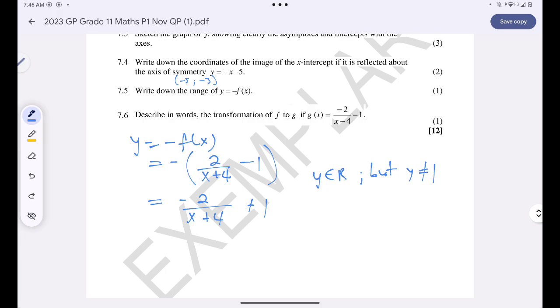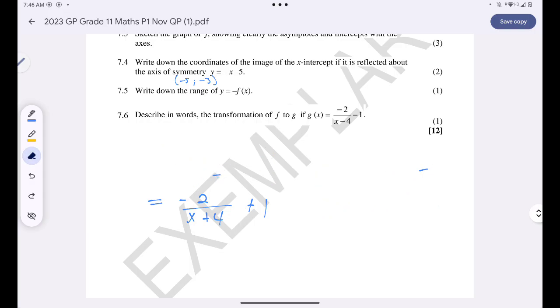Or the other way you can write your range, you can simply say y is an element of negative infinity to 1 and 1 to positive infinity. It's up to you. So you simply said y is an element of real numbers, but y cannot be equal to 1.